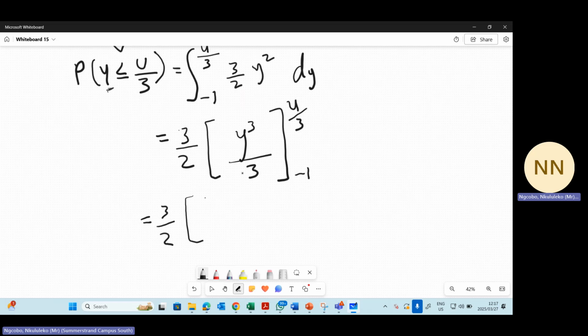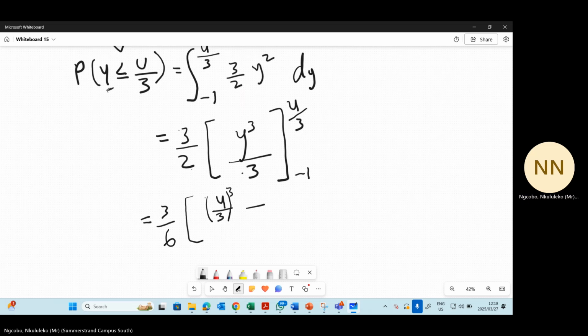If you look here, 3 multiplied by 2 is 6, right? So this is 6, right? Then you have u cubed over 3, right?